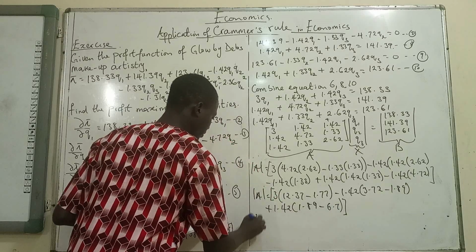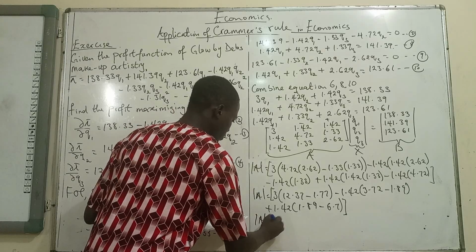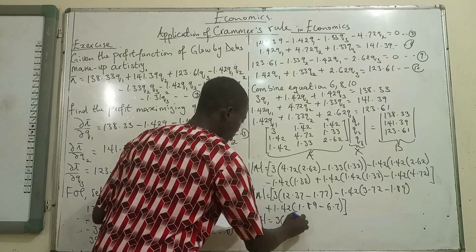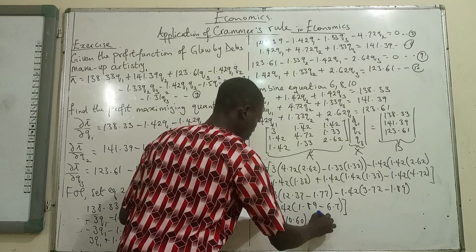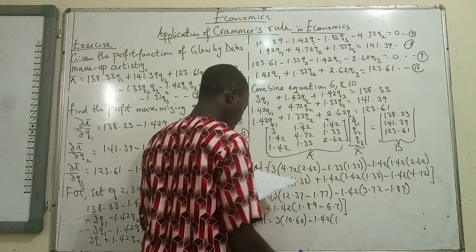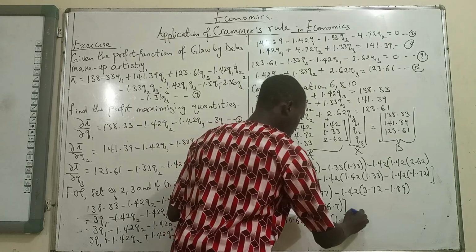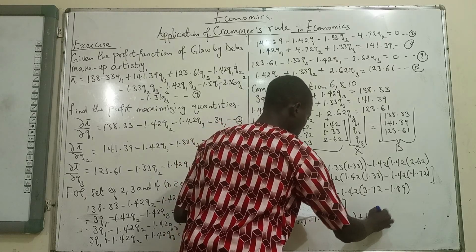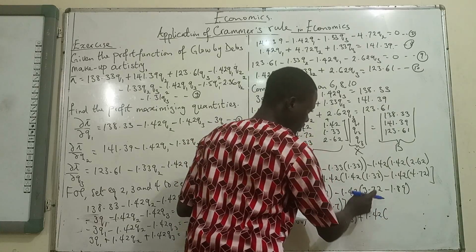Okay, so the determinant of A is then equal to 3 into bracket 10.60, then minus 1.42 into bracket 1.83, then plus 1.42 into bracket minus 4.81.